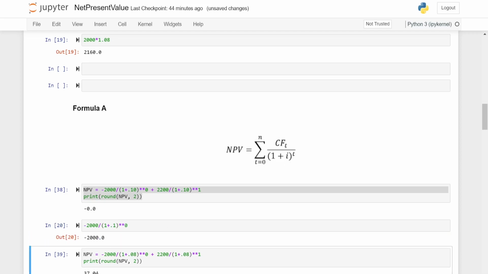We will get minus 2000 only. Why? Because any number raised to the power 0 is going to give us 1, right? And then in the numerator we have minus 2000. So minus 2000 divided by 1 will be minus 2000 only, which means this is equivalent to writing just minus 2000.